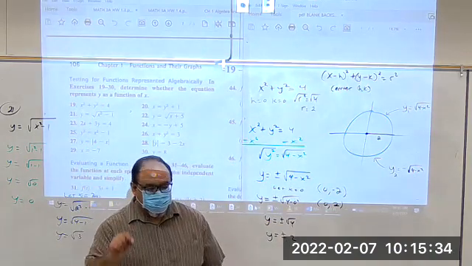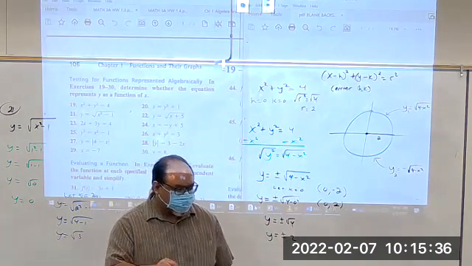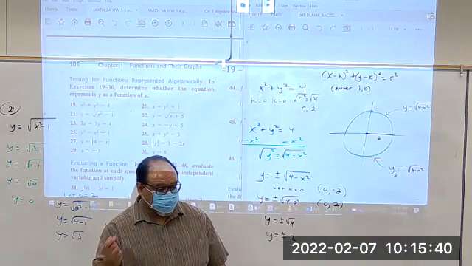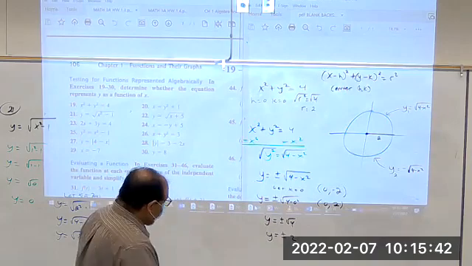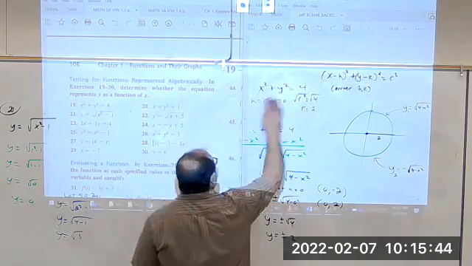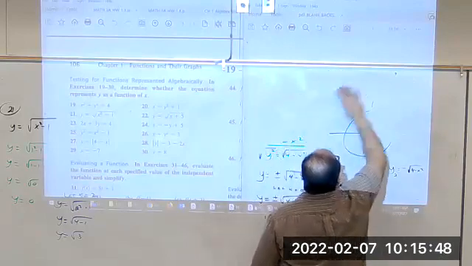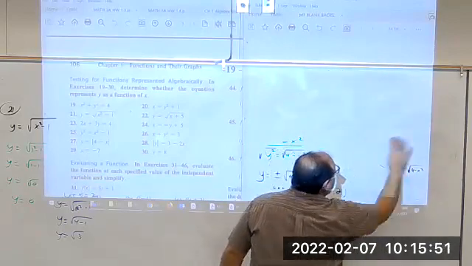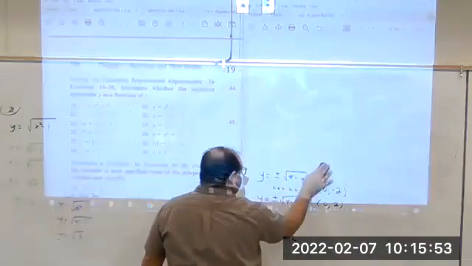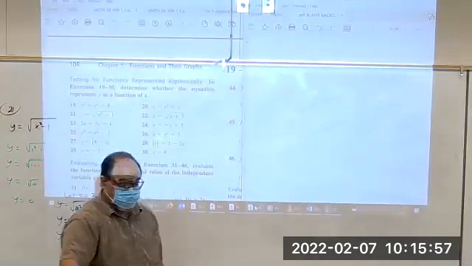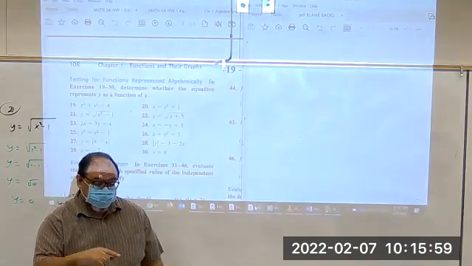Every linear equation, every single linear equation, except one of the 2 special cases, is a function. Every linear equation is going to be a function. So if it looks like y equals mx plus b, that's going to be a function, no matter what. One of the 2 special cases is not.